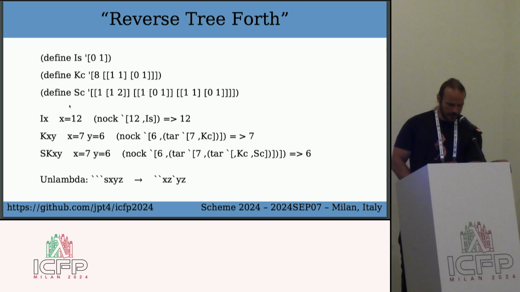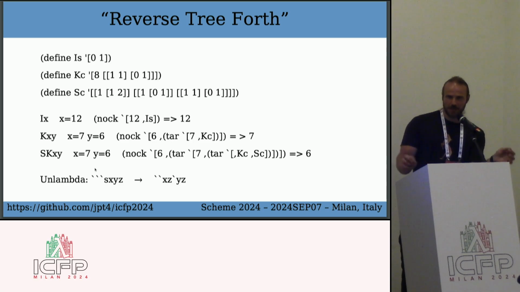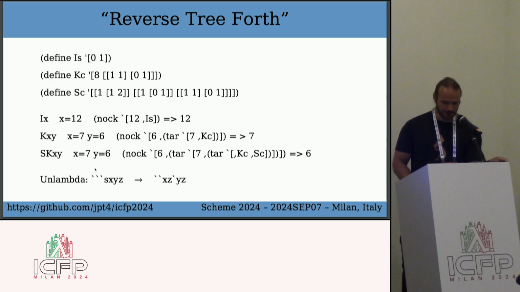So in the Unlambda language, you use backtick, and in this implementation of the SKI combinators in Nock, you wrap each application of the combinators in star for eval.